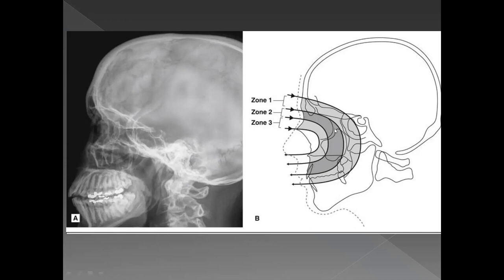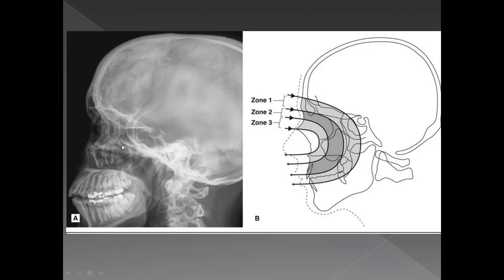So zone 2, you can see it is passing through the frontonasal area. Then you have the maxillary sinuses over here, the maxillary alveolus in this area, and the anterior maxilla or the palate in this area. Zone 3 starts again from the nasal bone, anterior wall of maxillary sinus, and anterior nasal spine over here.